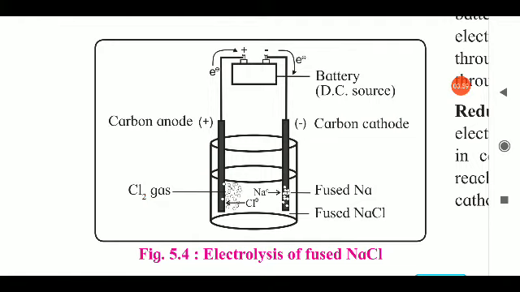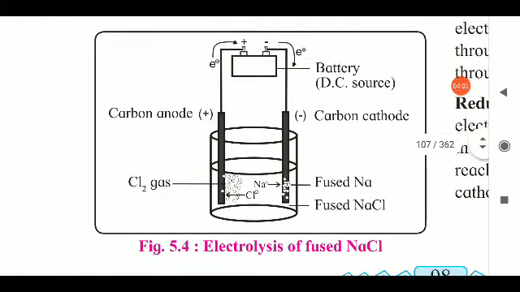Now students, one thing you have to remember is that the opposite ions move to the electrode which is having opposite charge. Now look at this figure. Anode is having positive terminal, and to this positive terminal negative ions are approaching.